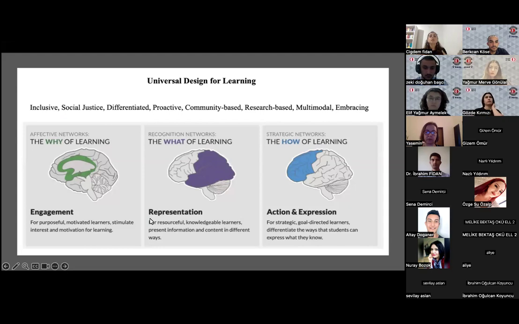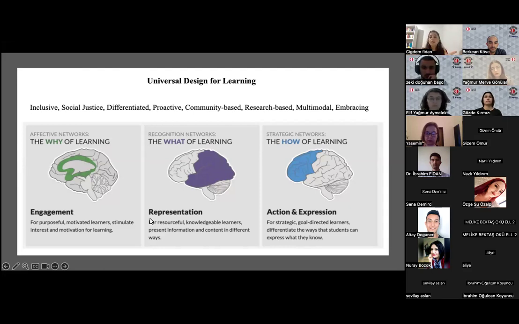And of course, universal design for learning, right? So we should be sure that our ELT classroom is inclusive, and we are paying attention to social justice. We are using differentiated instructional tools. We are proactive, and we are helping our students be proactive in their own learning process. And we are creating a community-based classroom environment by integrating parents, school administrators, policymakers, if required.